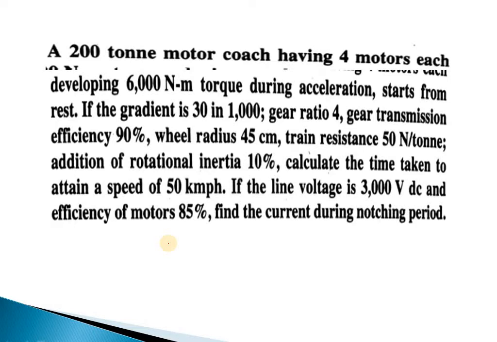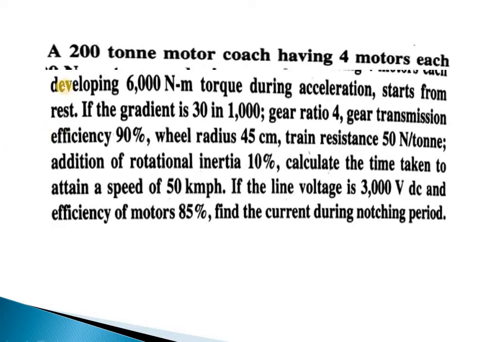If the gradient is 30 in 1000, gear ratio 4, gear transmission efficiency 90%, wheel radius 45 cm, train resistance 50 N per ton, addition of rotational inertia 10%, calculate the time taken to attain a speed of 50 km per hour if the line voltage is 3000 volt DC and the efficiency of the motor is 85%. Find the current during notching period.